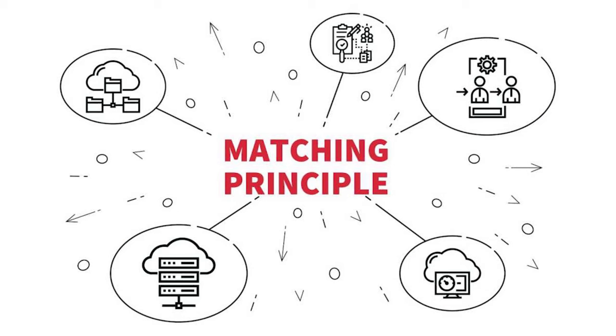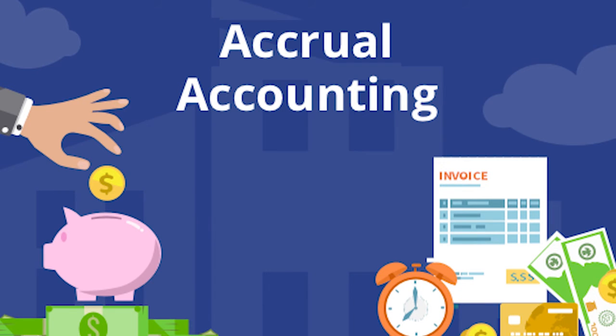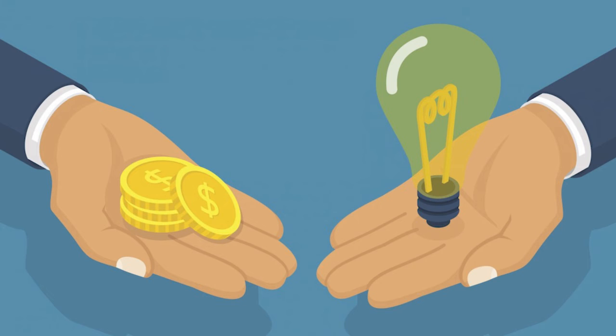Matching principle. According to GAAP, the matching principle dictates that expenses must be matched to the revenue that they help generate, and that they must be recorded in the same period in which the revenue is recorded. The concept goes hand in hand with the concept of accrual accounting. For example, it's the matching principle that dictates that a company's utility expense for the month of March must be recorded in March.